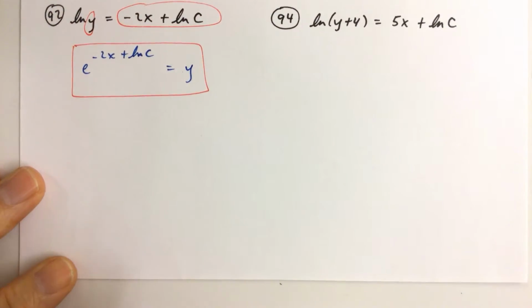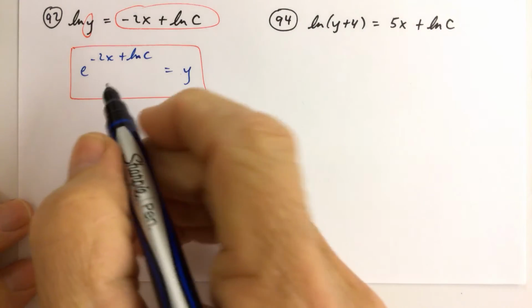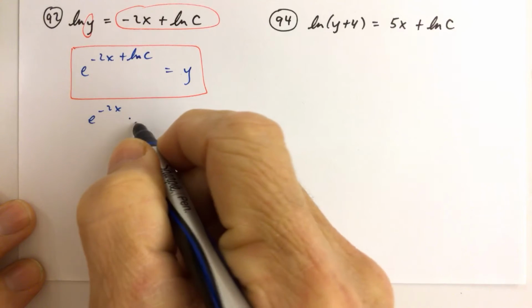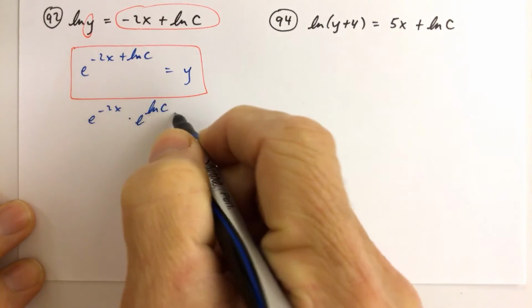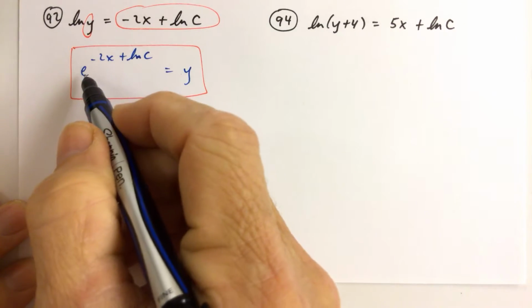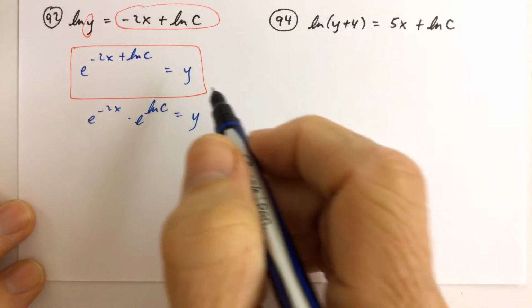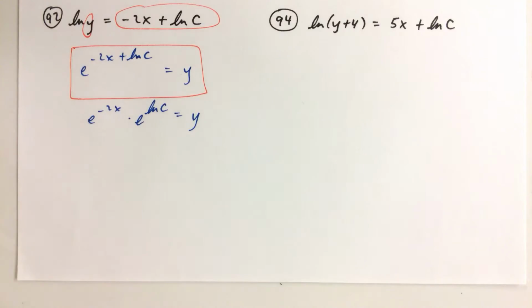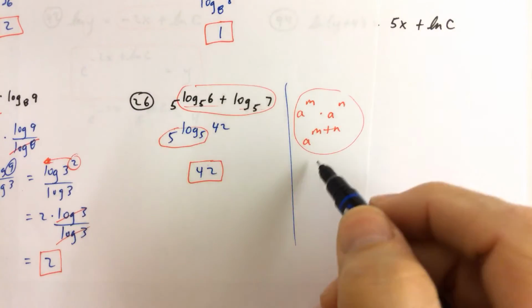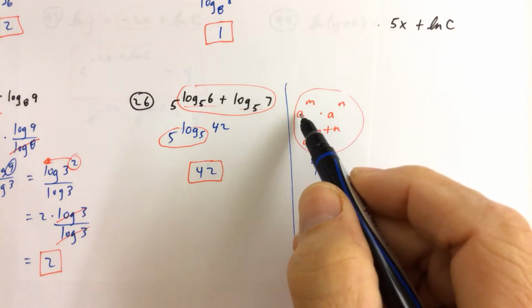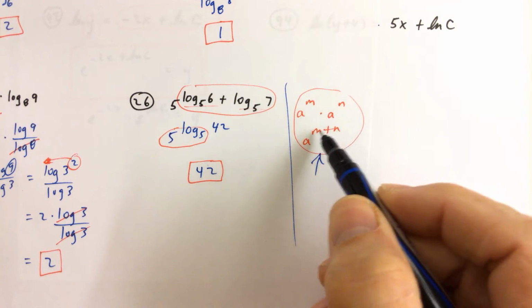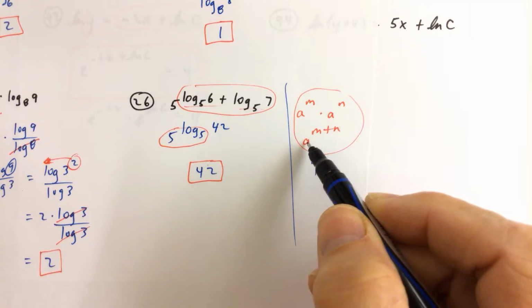The answer in the back of the book is something different than that, and I'll show you what it is, if you'd like. We've got e to the -2x times e to the ln of c. The reason we're able to do that is what I said earlier: if you take a base to a power and multiply it by the same base to another power, then you add the powers. Well, we're reversing that.